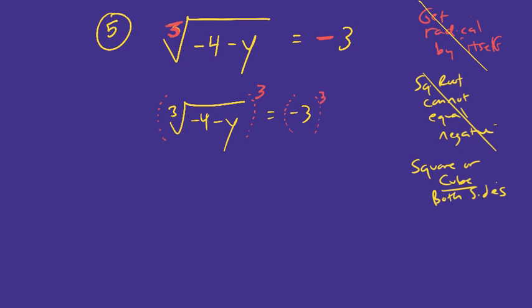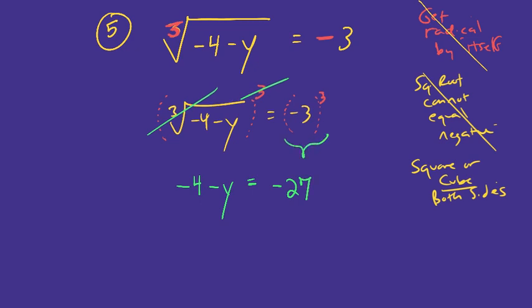So same as when you square a square root, the cube and the cube root cancel each other out. So we've got negative 4 minus y equals, and be careful you don't think of that on the right as 3 times 3. It's negative 3 times negative 3, which is 9, times another negative 3, which is negative 27.